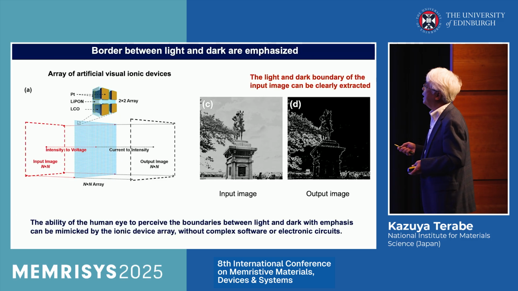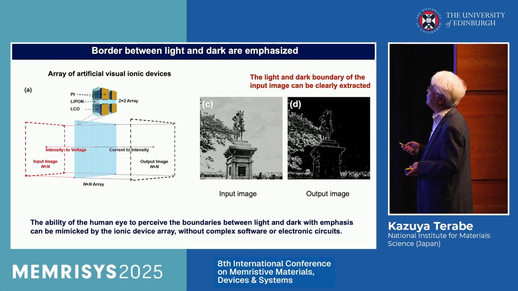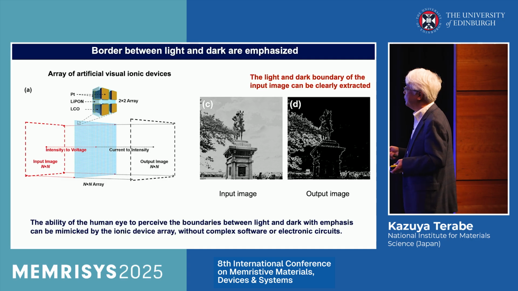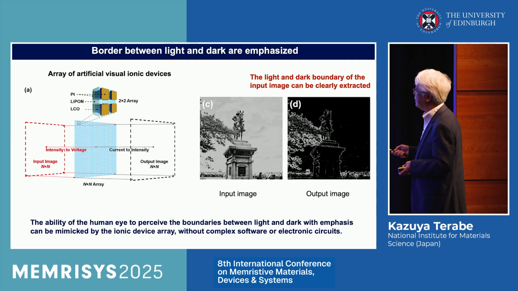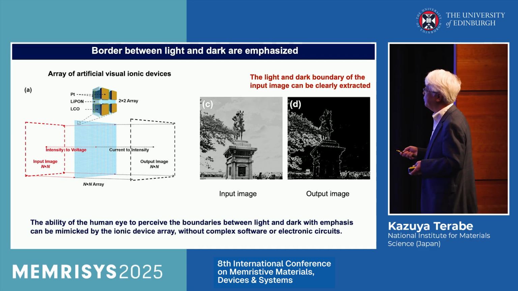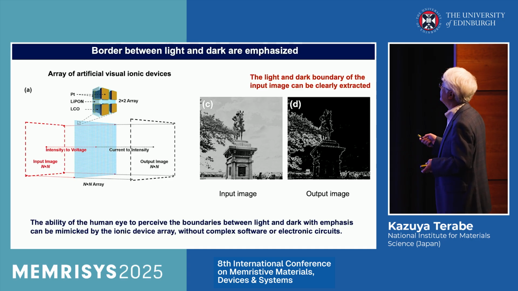So this is an array of the artificial visual ionic devices like this. This is many arrays. This is the simulation, and this is the input image, and the input density is the voltage according to the contrast like this. This is the input image. So this is the output image. This is current. This shows the output image.